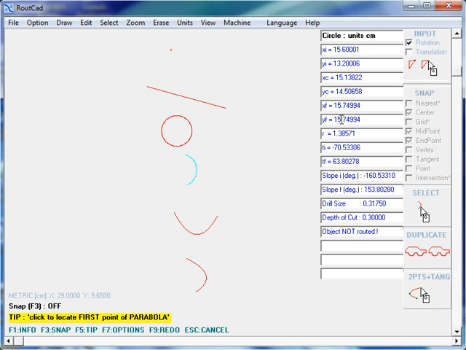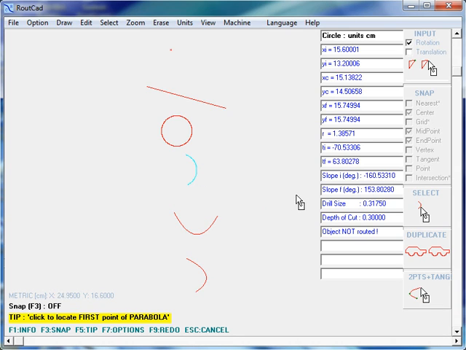The initial angle, TI, stands for theta initial, is minus 70.5 degrees. So it's an angle that is this way. And the final angle is 63 degrees. So it's an angle that is going down this way.